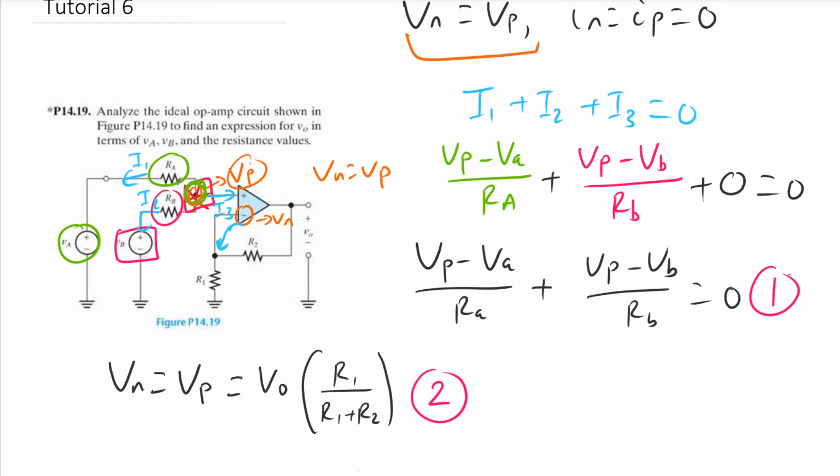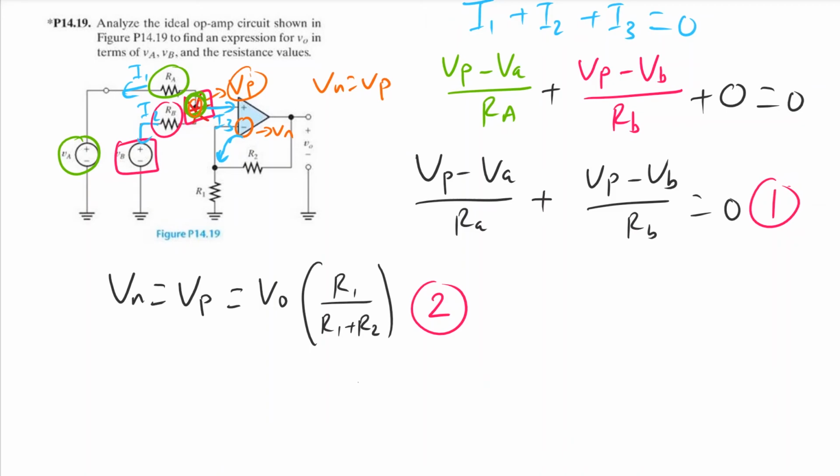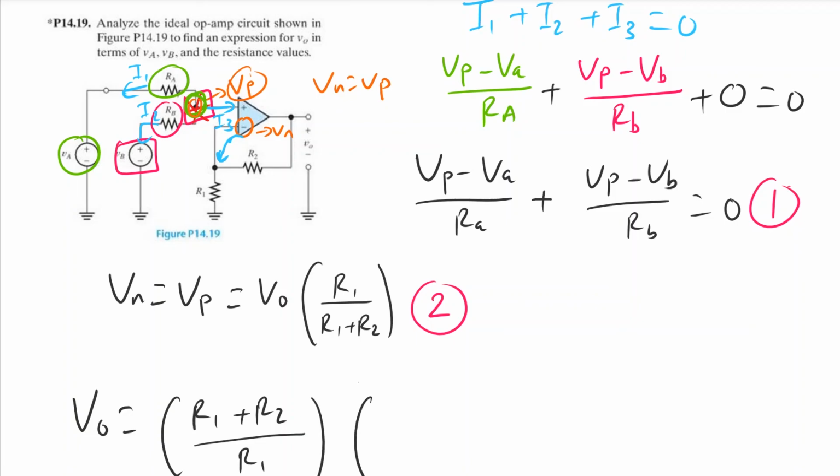Substituting expression 1 into expression 2 and doing a little bit of rearranging and modification, we can get the final expression for Vout. With just a bit of algebra and shifting, it'll end up being R1 plus R2 all on R1 multiplied by VARB plus VBRA, using a common denominator here, all on top of RA plus RB.